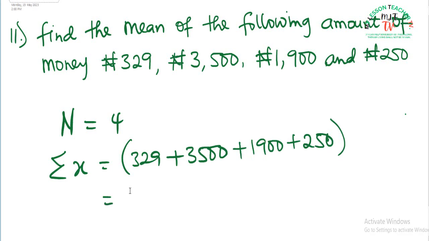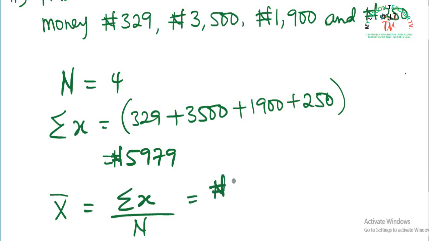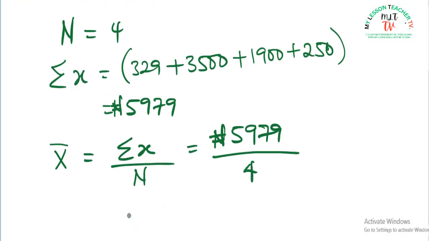So when you sum this up, you are going to have 5,979 naira. While the mean, which you can call x bar, is equal to summation x divided by n, where summation x is the sum of all the monies involved. That becomes 5,979 divided by 4.